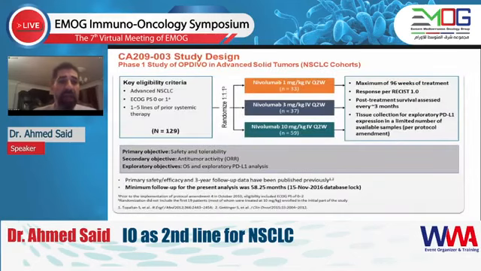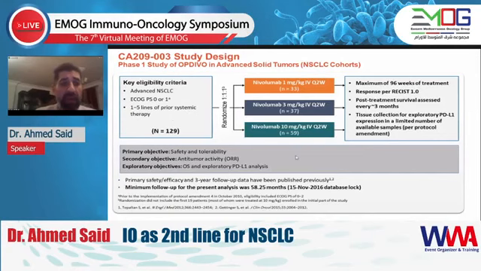First of all came the CheckMate 003, exploring nivolumab in different dosing schedules. As you can see, the eligibility criteria: advanced non-small cell lung cancer, performance status 0 to 1, and one or more lines of prior systemic therapy were allowed.